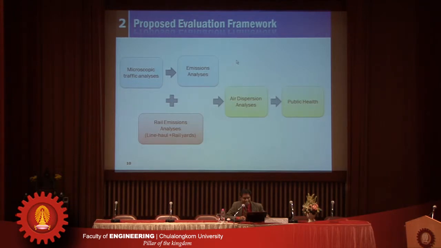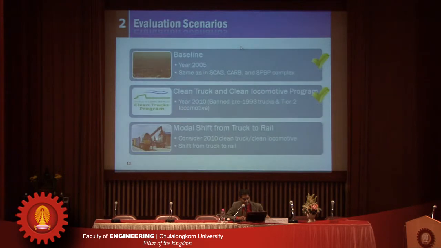I'm not going to get into the details of it, but diesel train engines also emit a lot of emissions. So any study on how much should be moved between rail and trucking has to be done also with a modeling of the rail yard emissions.